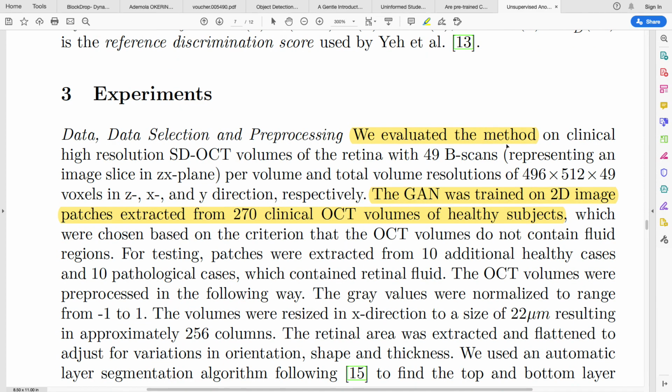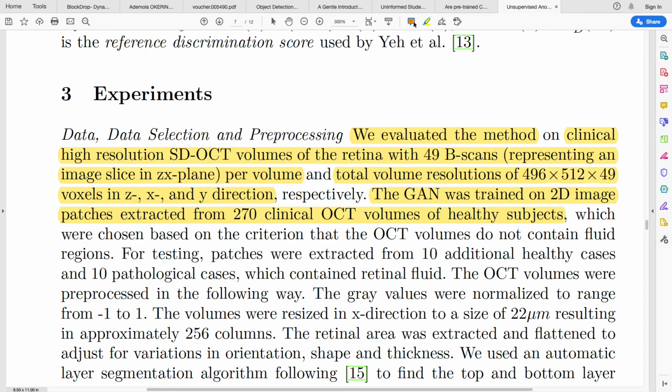So they carried out experiments on clinical high resolution SD-OCT volumes of the retina with 49 B-scans, and a total volume resolution of 49.